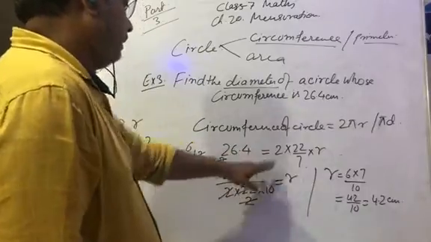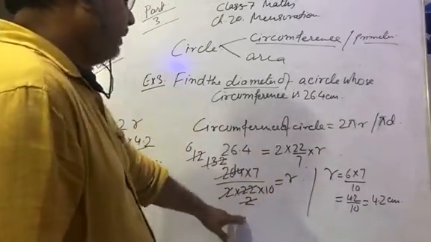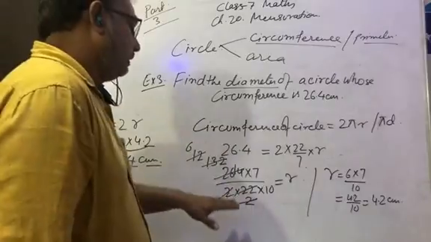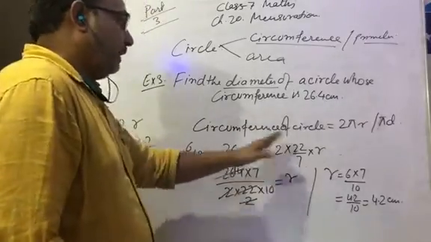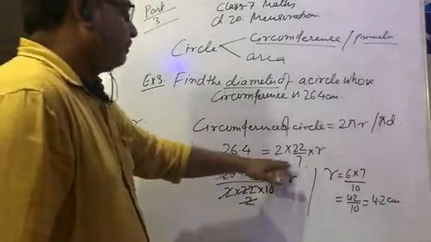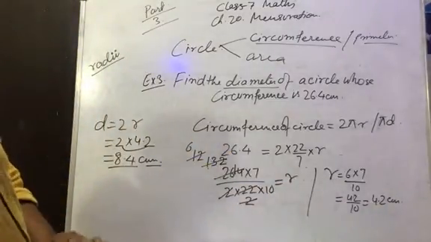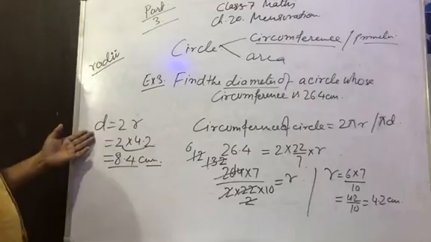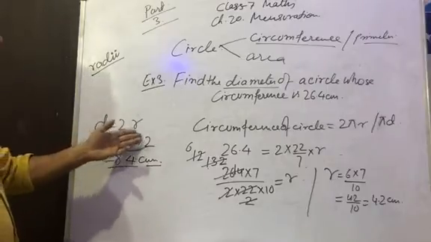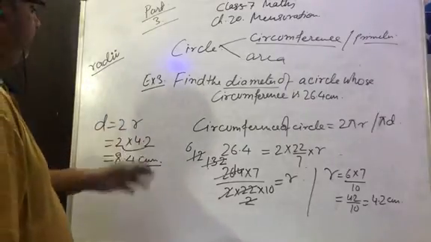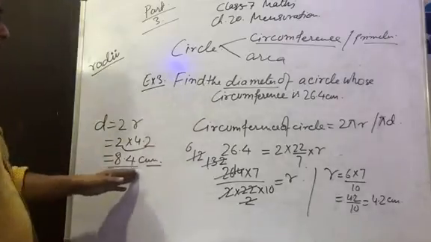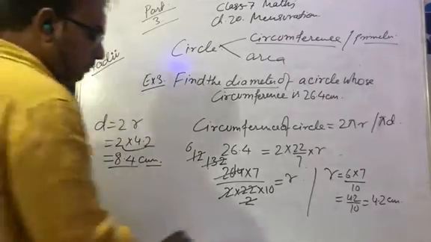Now the radius is equal to 6 into 7 upon 10, which is equal to 4.2. And then you can easily find diameter is equal to 2r, which is equal to 2 multiplied by 4.2, which is equal to 8.4 centimeter.